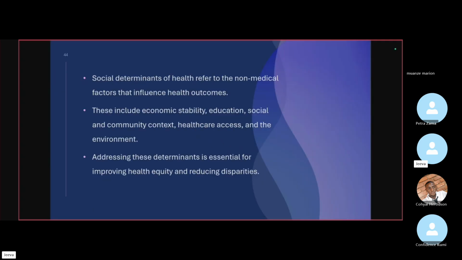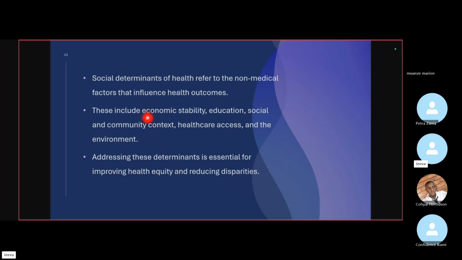Social determinants of health refers to the non-medical factors that can influence health outcomes. This can include economic stability, education in a society, social and community context, healthcare access, and the environment. So these are the various factors which can determine social health.